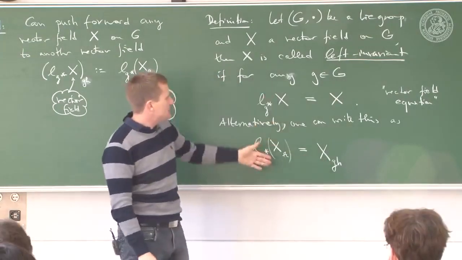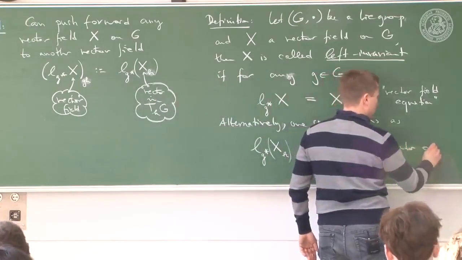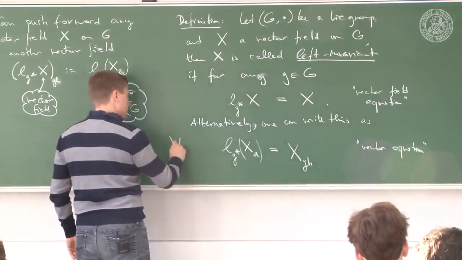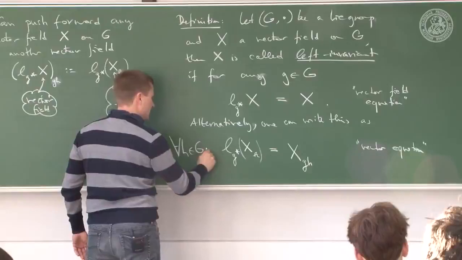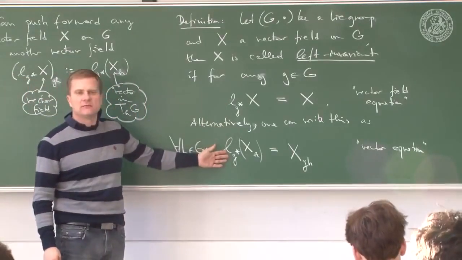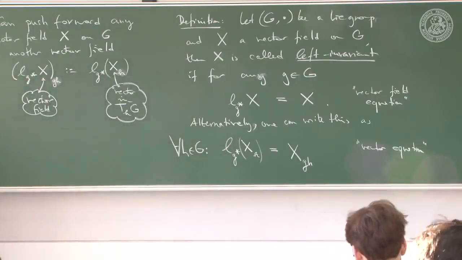Well, that's the same as here, but now it's a vector equation. Now, how can that be? Well, because now you've got to say for every h in G, this is true. It's just the same as here, but written pointwise. Okay? So that's one reformulation.